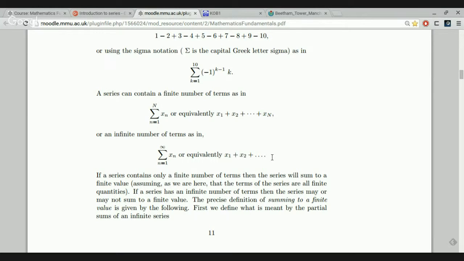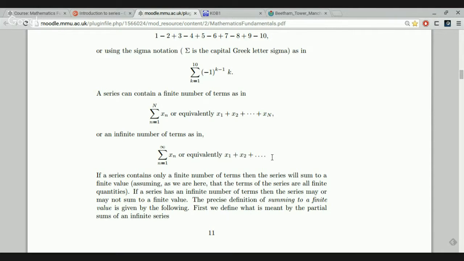This would be denoted by the sum from n equals 1 to infinity of xn, denoting x1 plus x2 plus x3 plus x4, x5, x6, and it goes on without end, adding up all the terms in an infinite sequence.